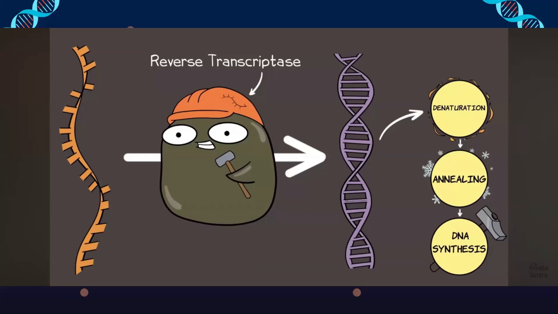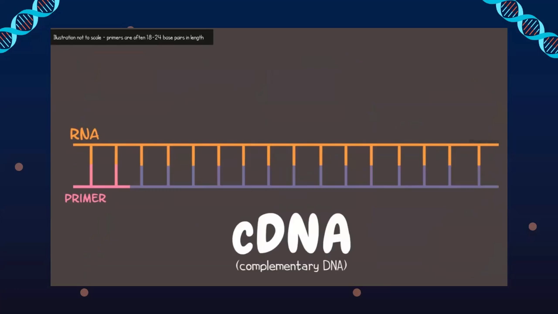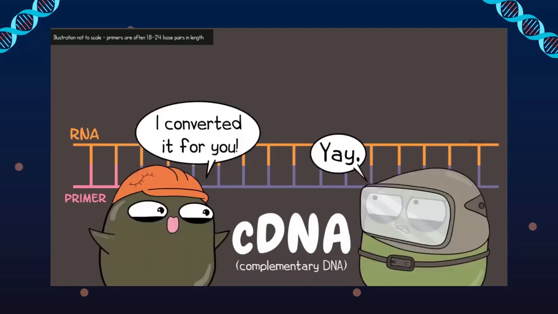First, mag-undergo ulit siya ng denaturation, which actually separates the DNA strand. And then, mag-undergo na siya ng annealing. So, a specific primer now is added that will bind to an area of that certain viral RNA, and the reverse transcriptase is then used to convert the viral RNA into the cDNA or yung tinatawag natin na complementary DNA.